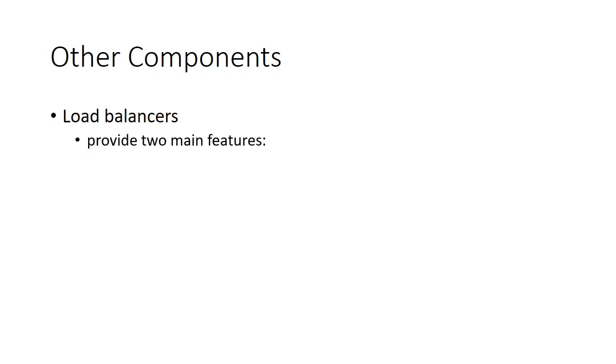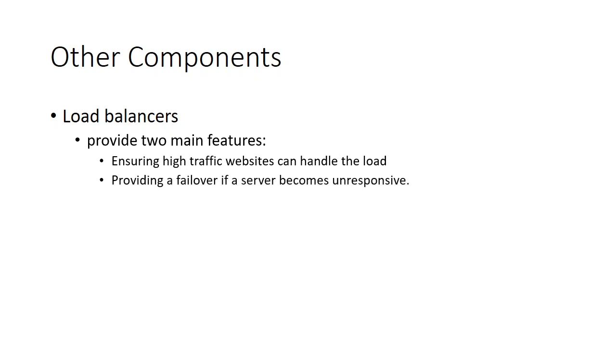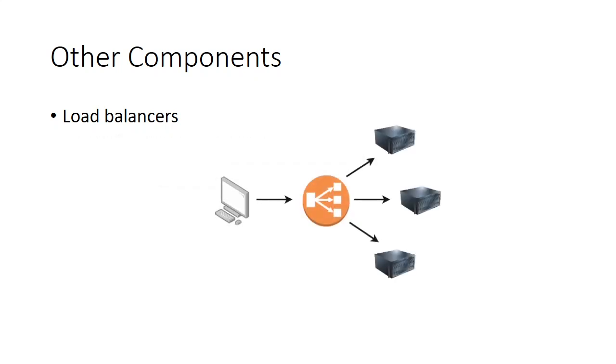They provide two main features: ensuring high traffic websites can handle the load, and providing a failover if a server becomes unresponsive. So when you request a website with a load balancer, the load balancer will receive your request first and then forward it to one of the multiple servers behind it.